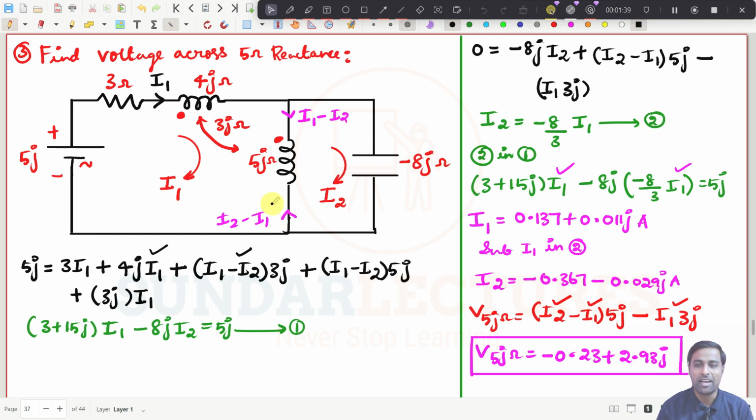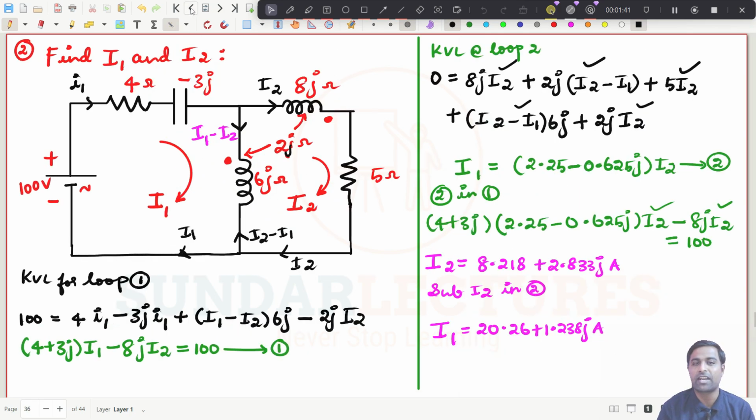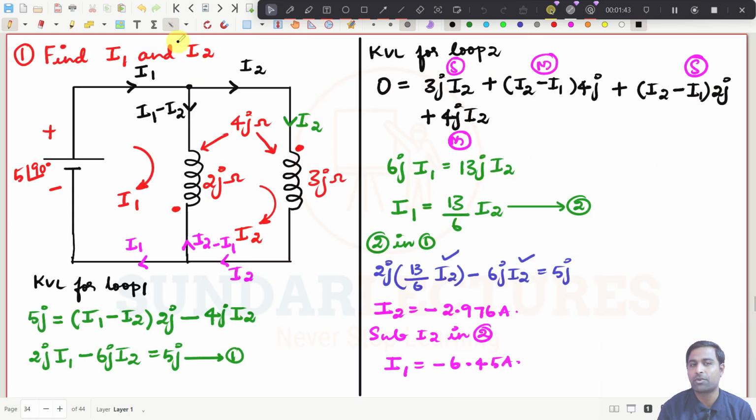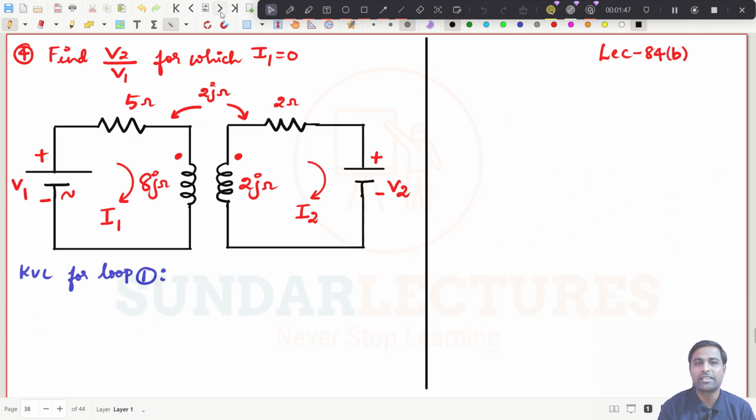But now this is a separate circuit, and this is a separate circuit. Whatever the current flowing here, it is I1, and here it is I2. Very simply, you can do these kinds of things. So no need to put I1 minus I2.